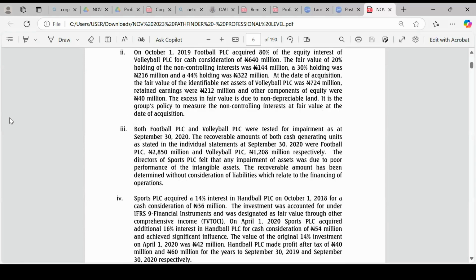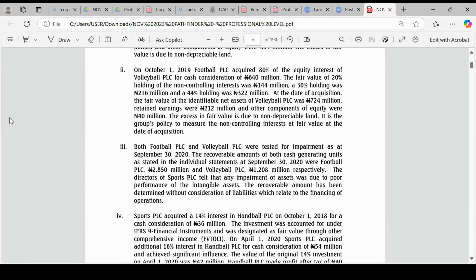But if there is any impairment on Football PLC or Volleyball PLC, I should know that because we are using a policy that says fair value. Whenever the NCI is measured at full or fair value, we already know that any impairment on goodwill is going to be shared between the parent and the NCI. Then any impairment that affects the goodwill that was earlier recognized should also affect both the parent and NCI.